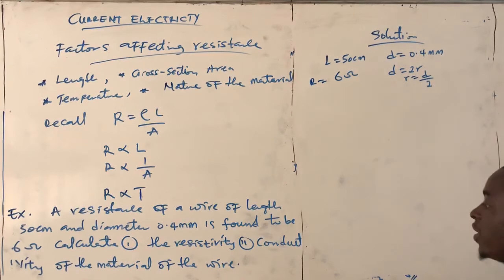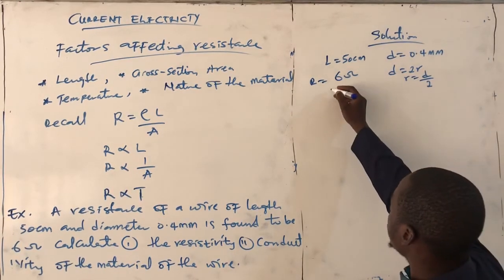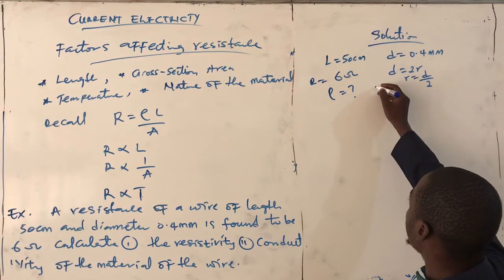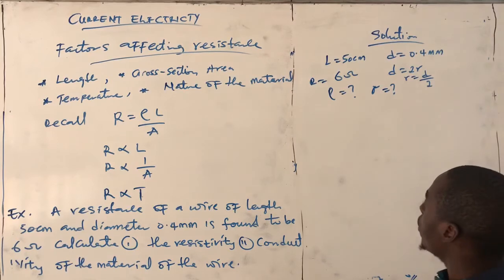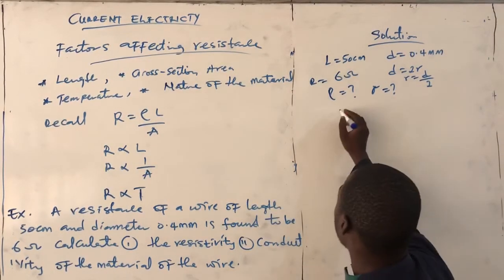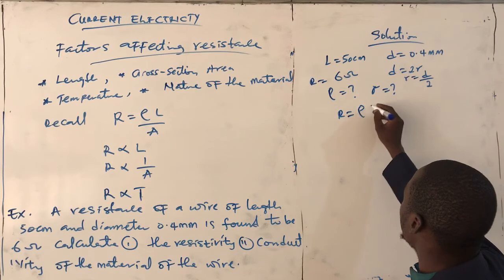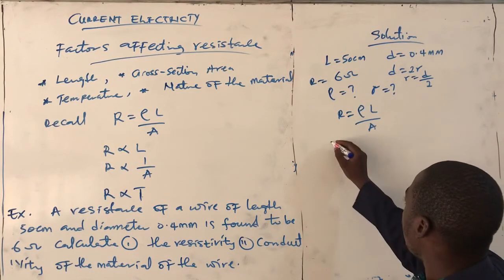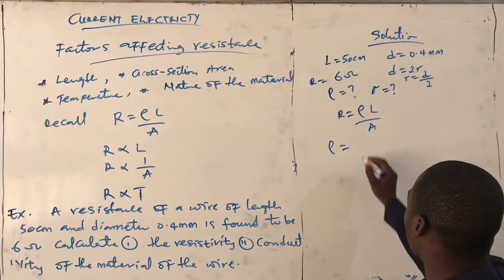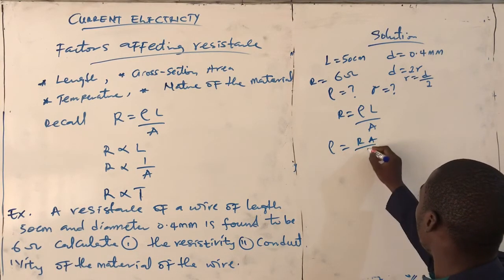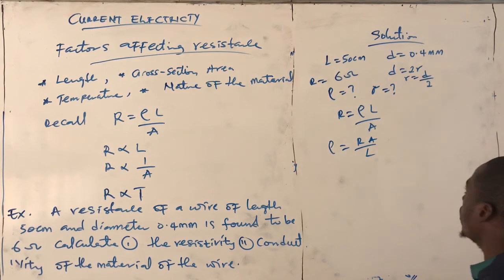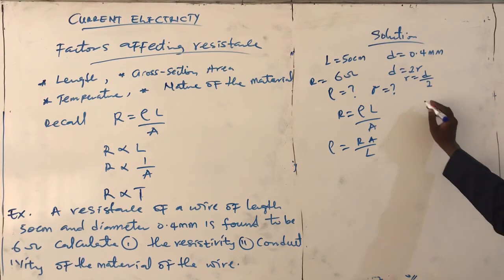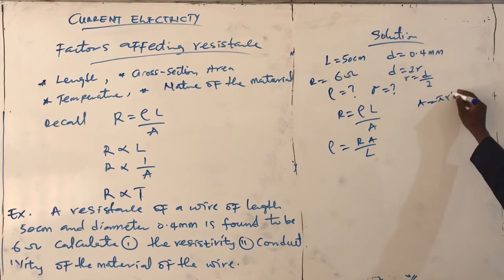We are now asked to find the resistivity and also the conductivity. From our formula, resistance is equal to rho L over A. If we make resistivity the subject of the formula, we have rho equals RA over L. We can find our area: area is equal to pi r squared.